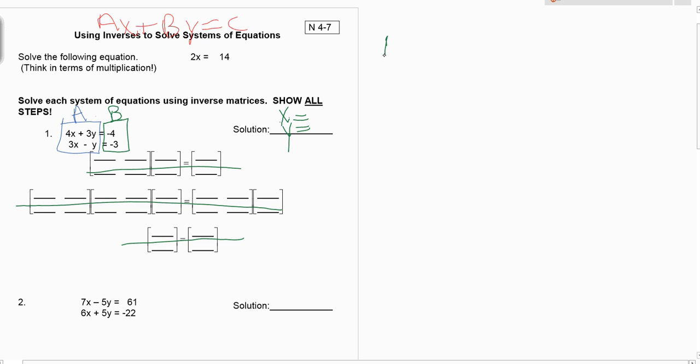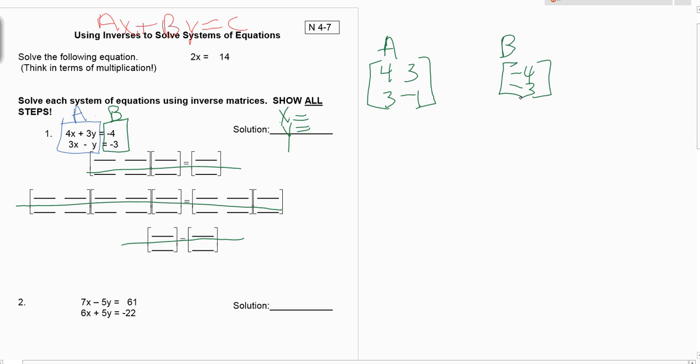Matrix A, which we're going to put in the calculator, is 4 and 3, and 3 and a negative 1. And then into matrix B we're going to put this 2 by 1 matrix, 2 rows in 1 column: negative 4, negative 3.